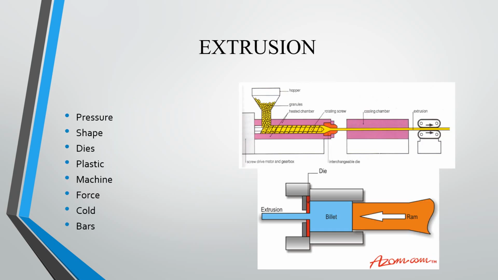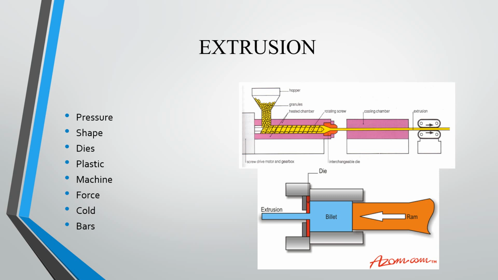Then we have extrusion. The extrusion in this example is about pressure. The machine generates pressure enough to make any material pass through the die that has the specific shape.